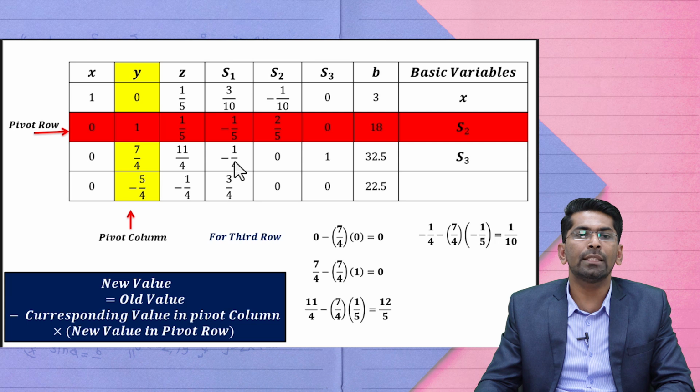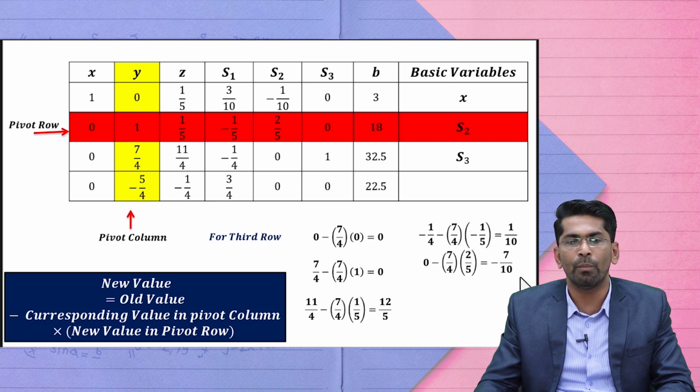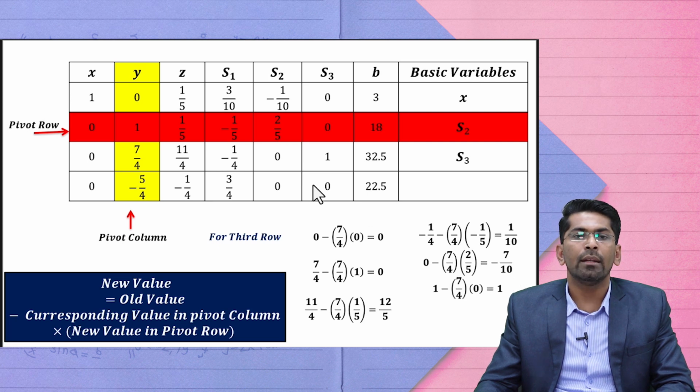Then we have minus 1 by 4 minus 7 by 4 into minus 1 by 5, which is equal to 1 by 10. Then we have 0 minus 7 by 4 into 2 by 5, which is equal to minus 7 by 10. Then 1 minus 7 by 4 into 0, which is equal to 1. Then the last one, that is 32.5 minus 7 by 4 into 18, which is equal to 1.